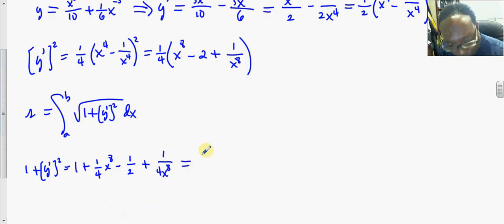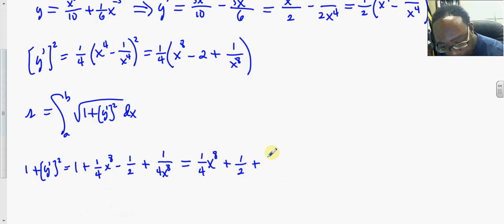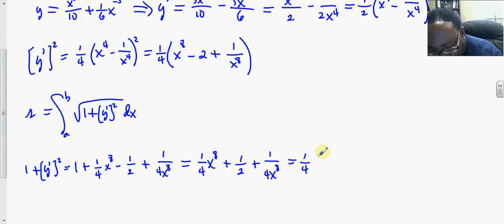So let's write that 1/4 x to the 8, the big term first. And this is plus 1/2 plus 1 over 4 times x to the 8. Now, it looks like a perfect square. It's weird, but it is. Let's maybe factor out a 1/4. It's going to work the way this guy worked here. So let's see if you see it.